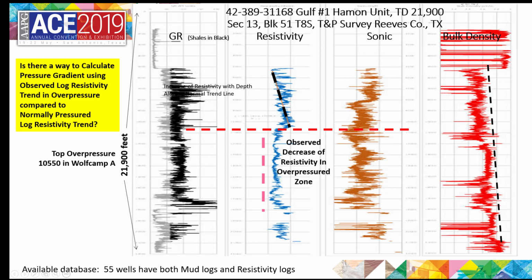Can I look at this shallow trend and be able to calculate what this pressure gradient is here? Is there some relationship that I can draw between what that resistivity should have been if there was not an overpressured zone and compared to what that resistivity actually is in an overpressured zone?